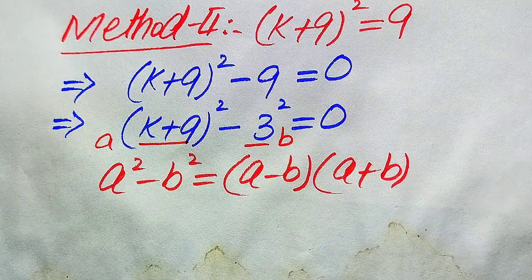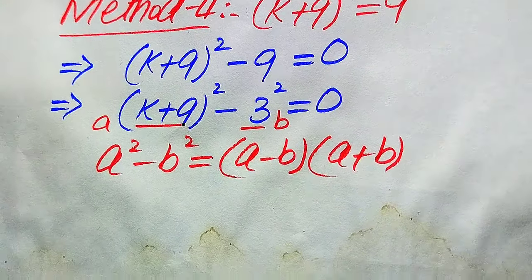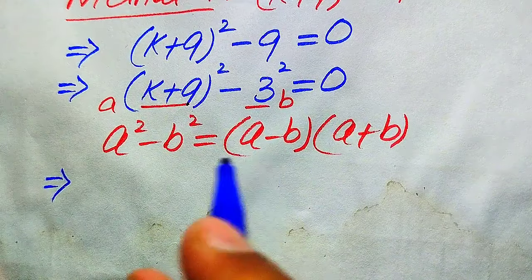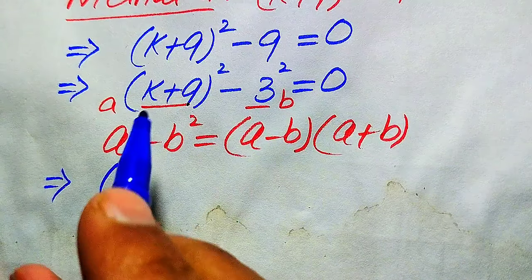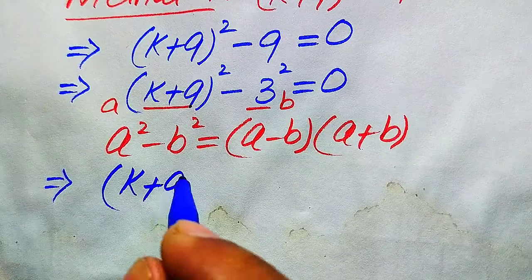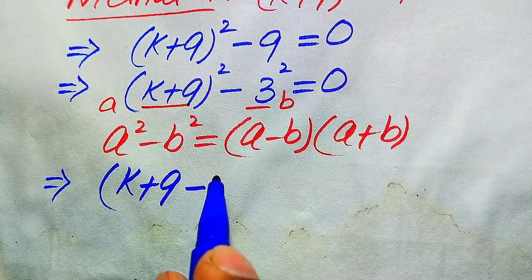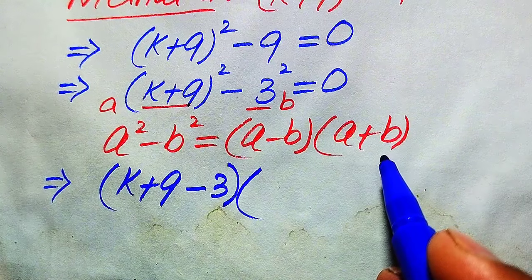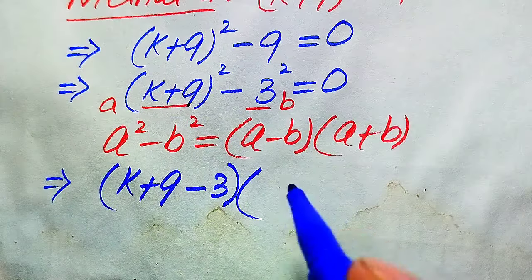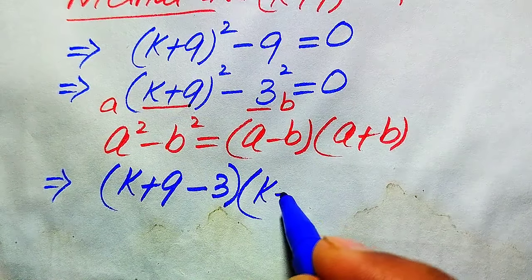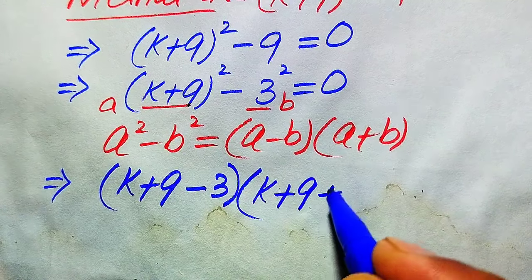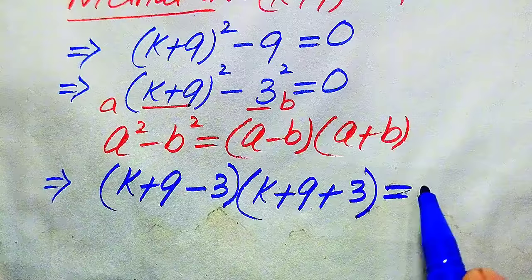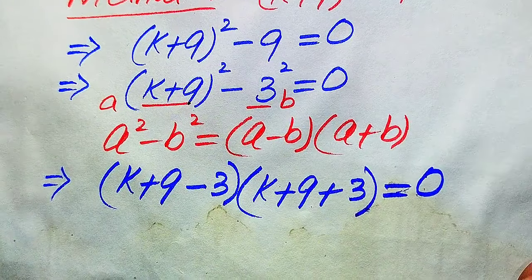So according to the formula, we write our equation as: the first factor is a minus b, the value of a is k plus 9, minus the value of b, which is 3, into the second factor a plus b, where a is k plus 9 plus b, which is 3, and this whole equation is equal to 0.